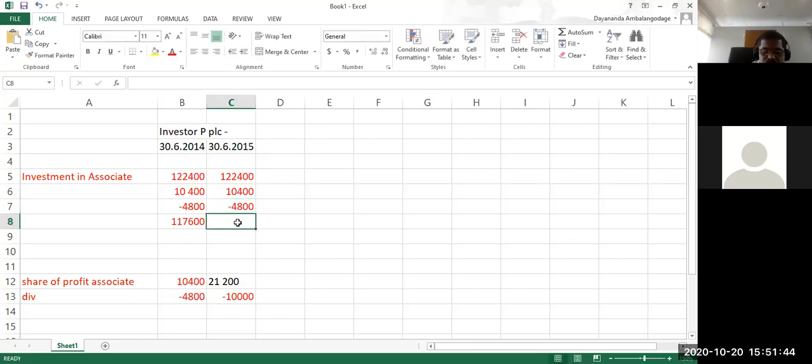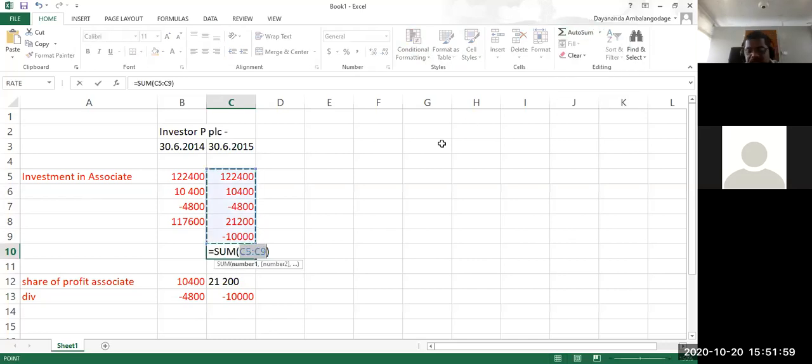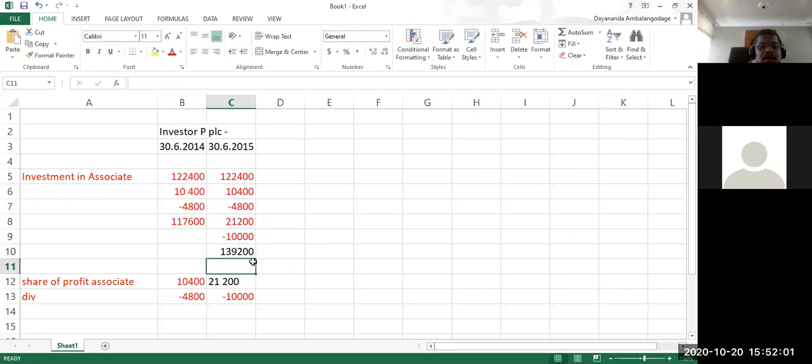Again 21,200 and minus 10,000. So altogether, your investment account balance would be 139,200.